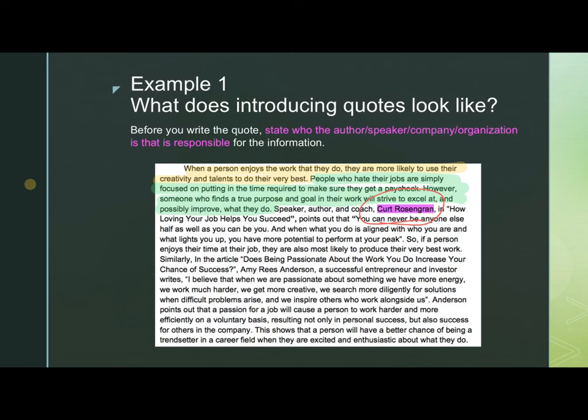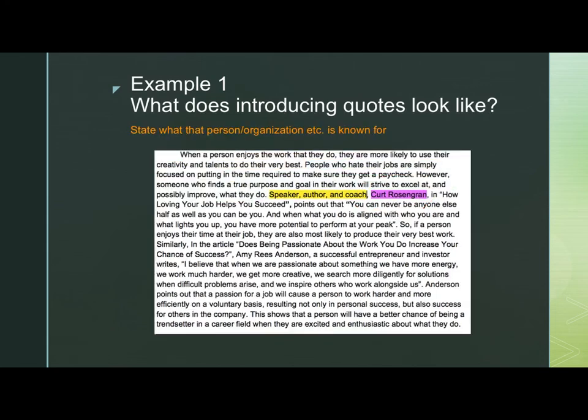So before that quote was even used, the name of the person who said it was used. If you recall, one of the ways that you make your source reliable or credible is by explaining what that person is known for. So in this particular case, in the introduction, it says that Kurt Rosengren is these 3 things. He's a speaker, he's an author, and he's a coach.